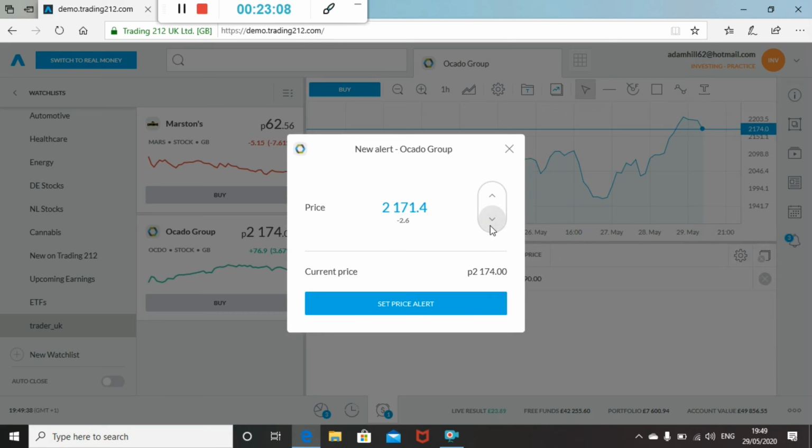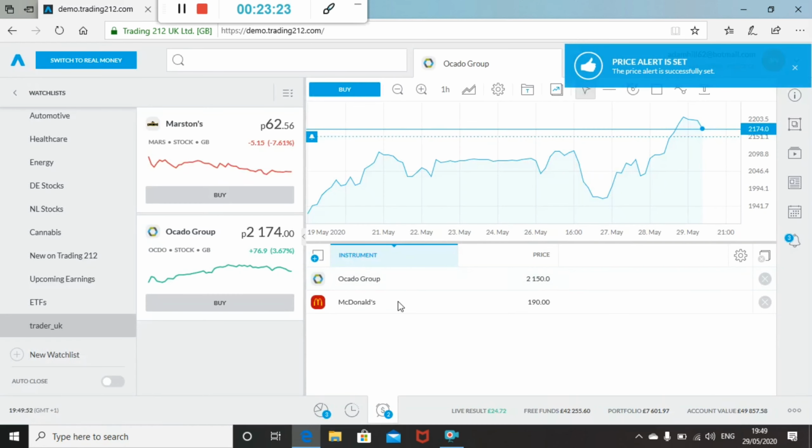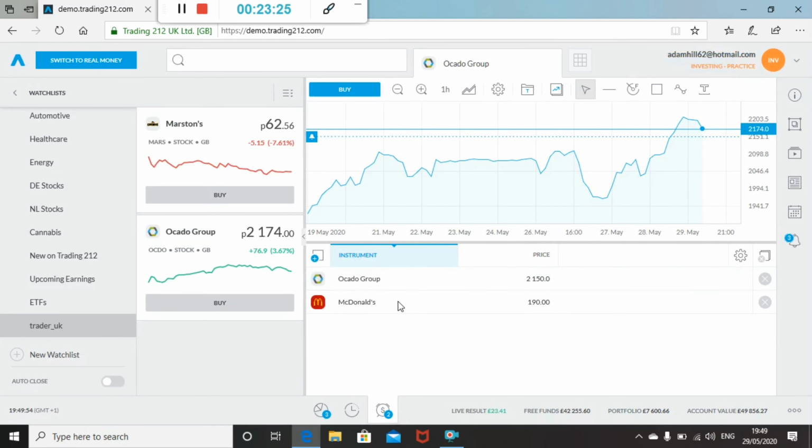Let's say if it drops to 2150, then we would consider buying. You can set that up here. So set price alert. And then if that stock drops down to 2150, you're going to receive a message on the platform and you can decide whether you want to invest.